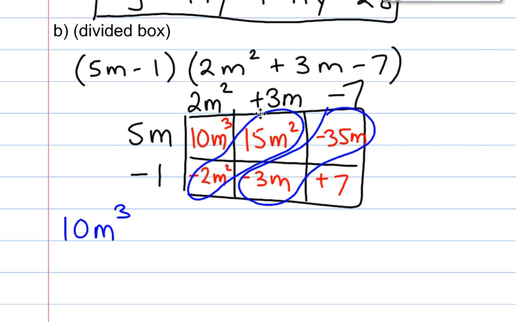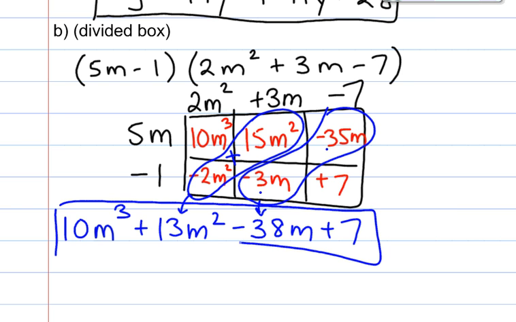Then 15m squared and negative 2m squared would make 13m squared. So that goes here. And then negative 3m and negative 35m make negative 38m. Goes there. And then plus 7. Those are all my like terms combined. So that's just the beginning of multiplying polynomials.